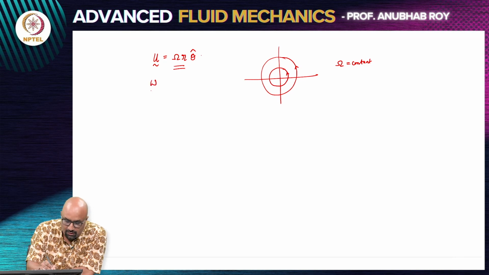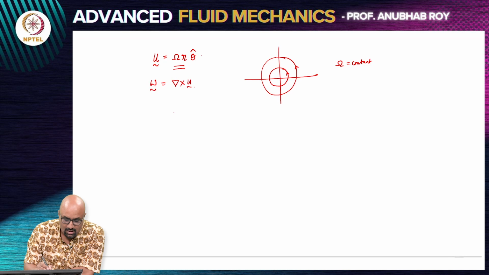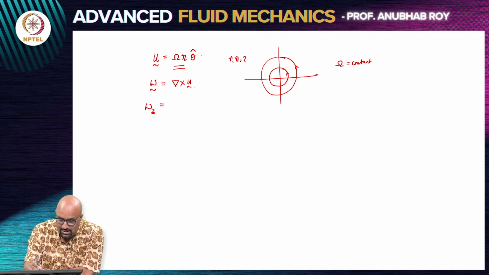If you compute the vorticity, take the curl. Now, this is a curl operation in the cylindrical coordinate system. This is a 2-dimensional flow. It only has a theta cap component which varies in the r direction. So, this will only have a z component. I define r, theta, z as my cylindrical coordinate system.